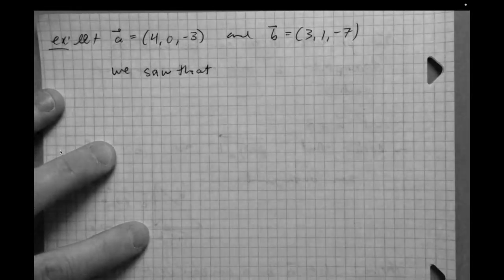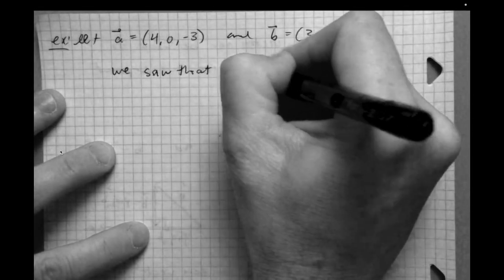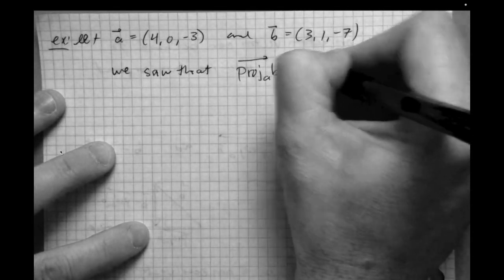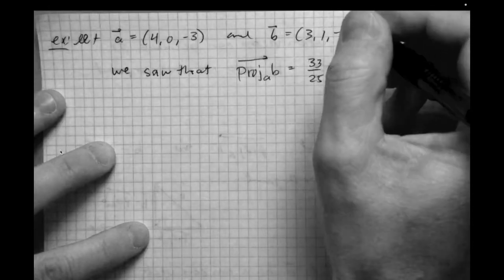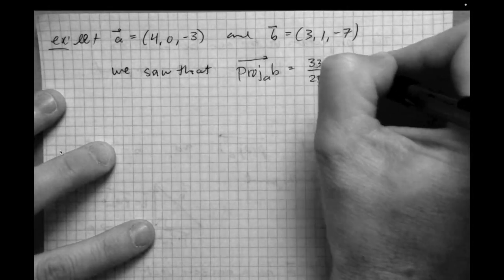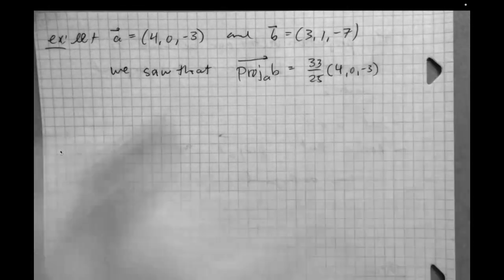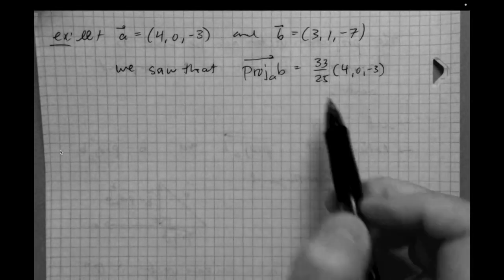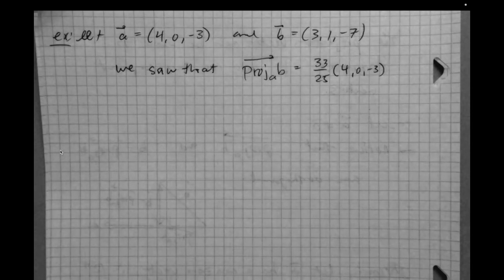Previously, we saw that the projection of B onto A was equal to 33 over 25 times 4, 0, negative 3. So if I take this vector B and I project it onto A, this is the projection. So let's take this and break it down, let's identify the orthogonal component to the projection.